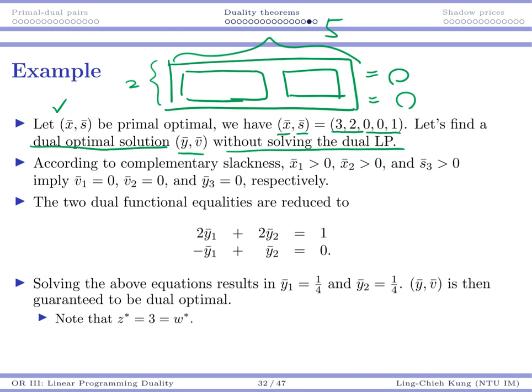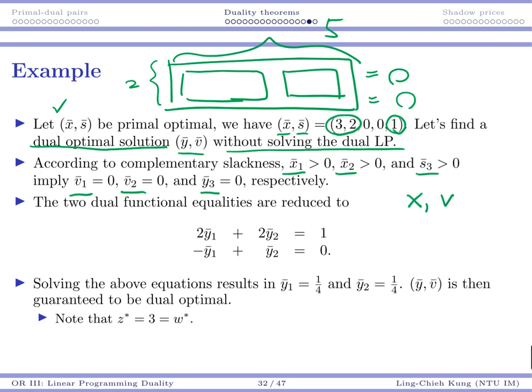But luckily, what we know from the primal solution is that there are 3 positive values. x1, x2, and s3, they are all positive. So that means in the corresponding part, v1, v2, and y3 must be equal to 0. Why is that?